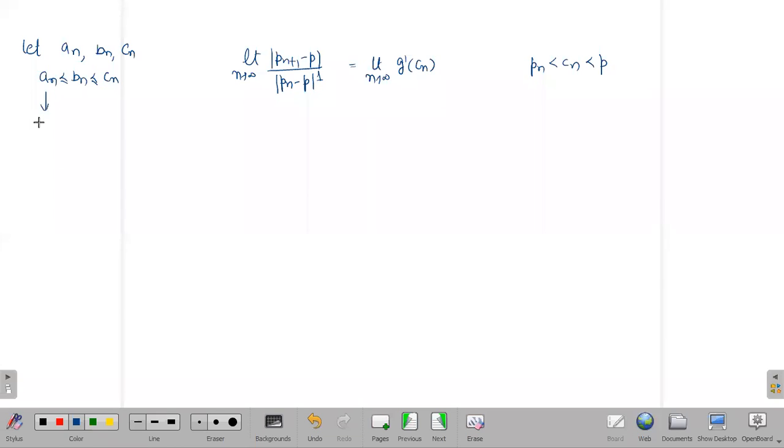If an is converging to a number a, and cn is also converging to the number a, then this will imply bn is also converging to a. So if an is less than or equal to bn is less than or equal to cn, and the sequences an and cn converge to the same number, then the middle sequence will also converge to the same number a. This is called the sandwich theorem.